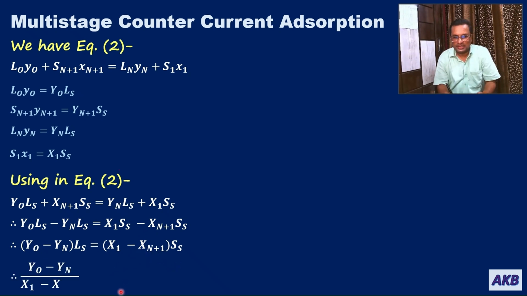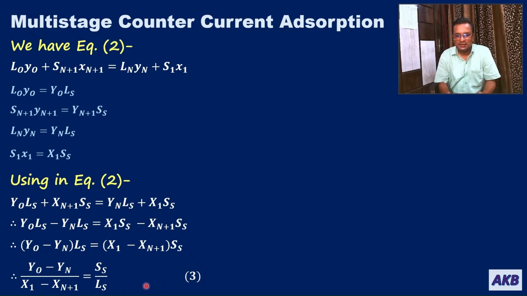And then you can rearrange it in this way: capital Y0 minus capital Yn divided by capital X1 minus capital Xn plus 1, that is equal to Ss upon Ls, and I am calling it equation number 3. So the term Y0 minus Yn will be positive.